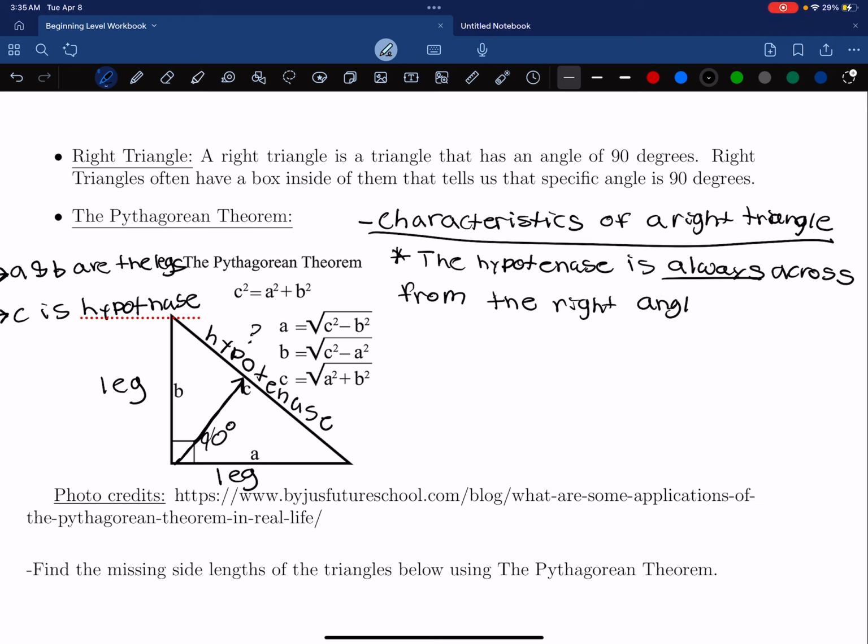And I already actually mentioned that here when I drew this arrow. So this hypotenuse is always going to be across from this box or this right angle of 90 degrees.